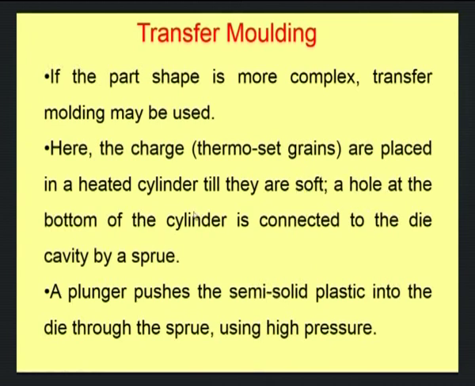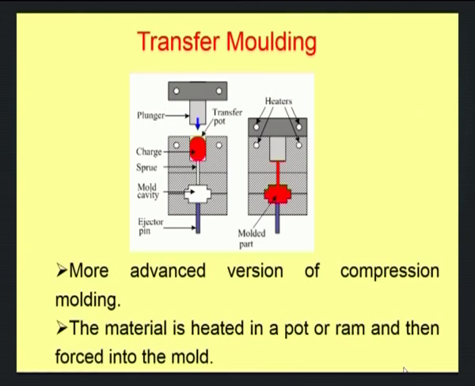Now, a hole at the bottom of the cylinder is connected to the die cavity by a sprue. That is how the resin will reach the mold cavity. Now, a plunger will push the semi-solid plastic into the die through this sprue under high pressure. So, this is a typical scheme for transfer molding.